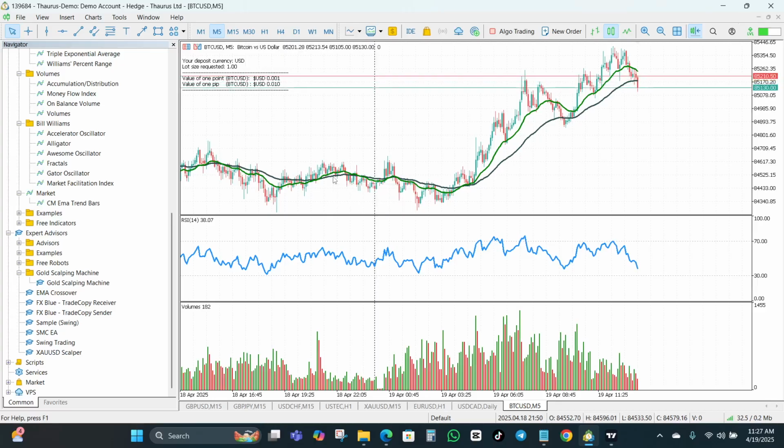Now the next thing is to wait for the break of structure. All right, you watch out for a minor pullback, then a breakout of a recent high or low, depending on the direction. For example, this is a bullish trend, right? So we had a break of structure here, right?